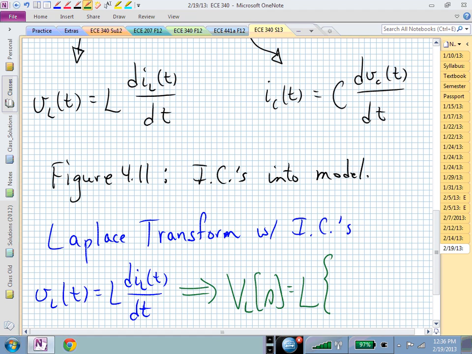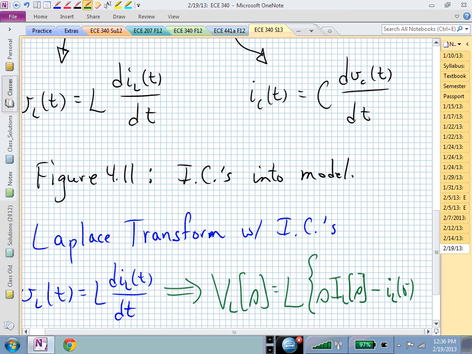the Laplace transform of a derivative. Do you remember what happens when you take the Laplace transform of a derivative? You multiply by s, and is there anything else happening? You have to account for the initial condition, don't you? And this actually is minus then I sub L of the inductor current at 0 minus.